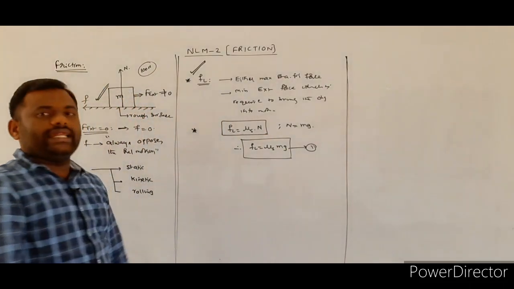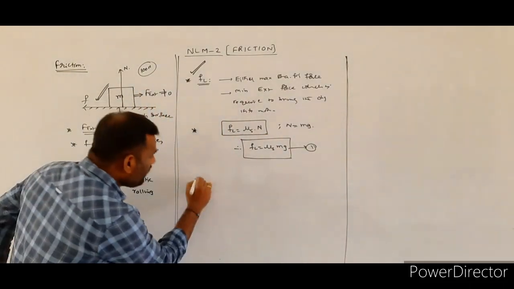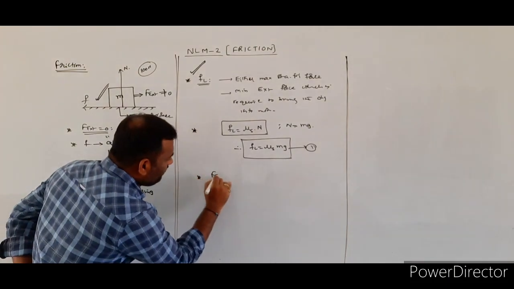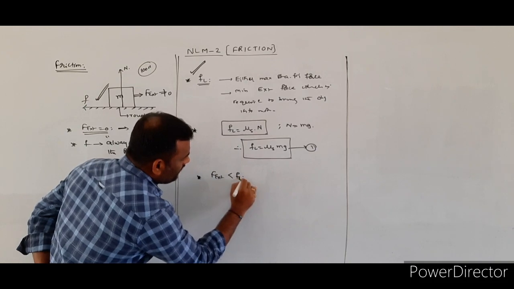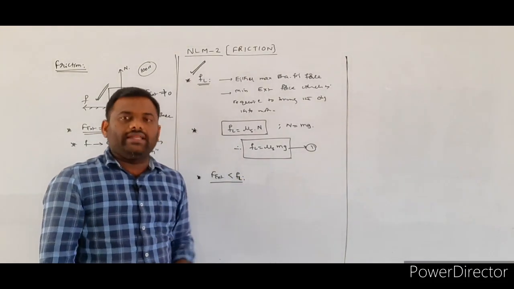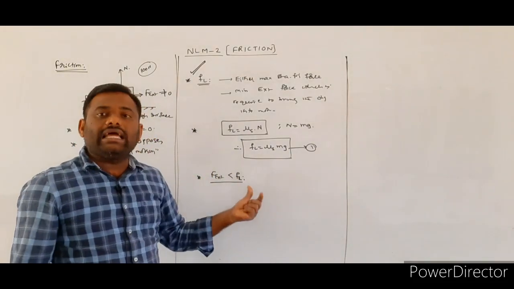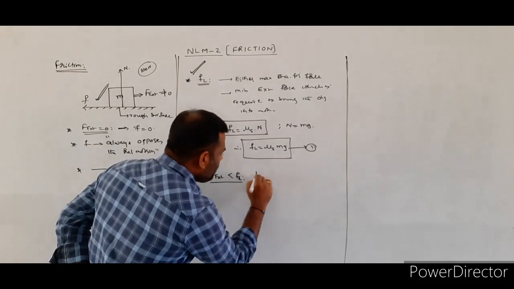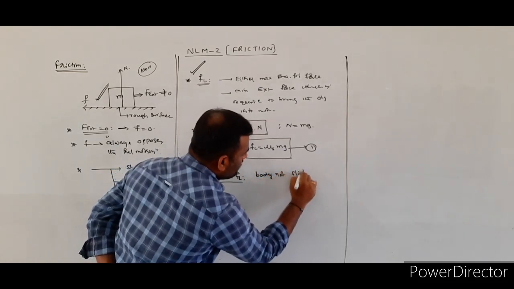Before going to calculating the numericals, we have to know. Once you calculate the limiting friction value, whenever we apply some external force F which is less than the limiting friction, in this case the body does not slide.